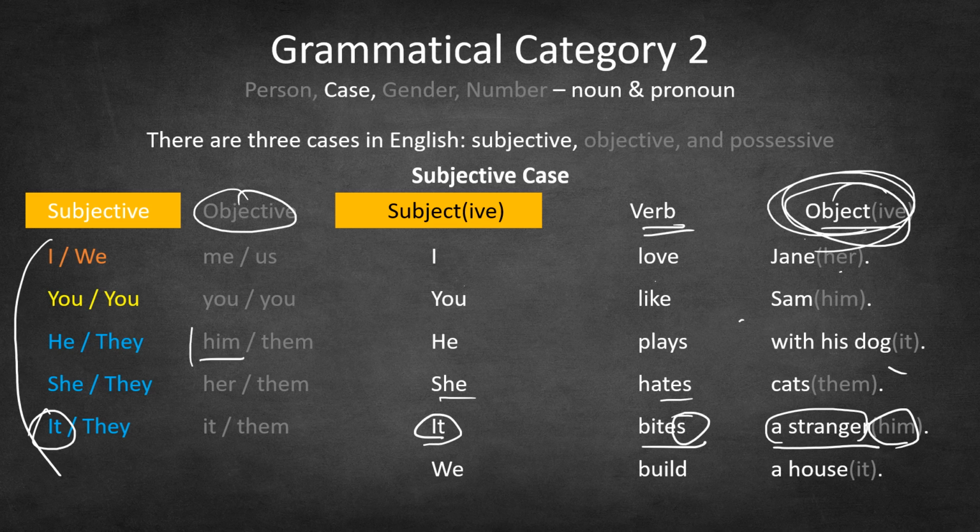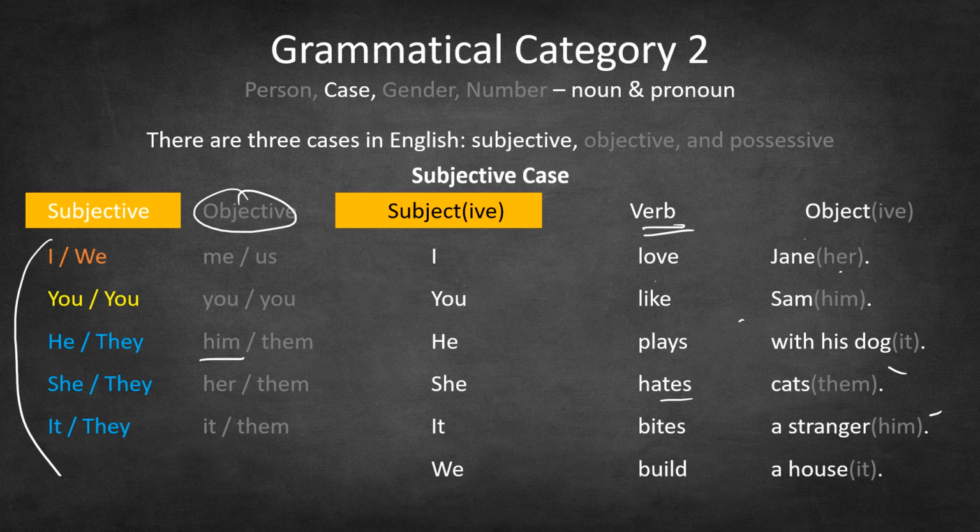This one, not this one. You cannot say it bites he because this is subjective. Subjective here, right? So when you put he here, you have to use him. Okay?